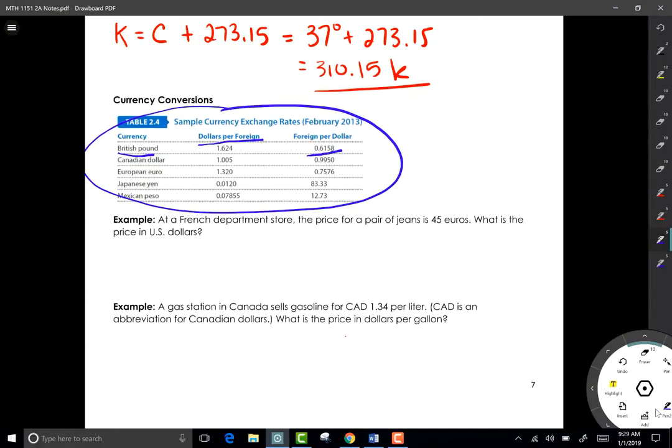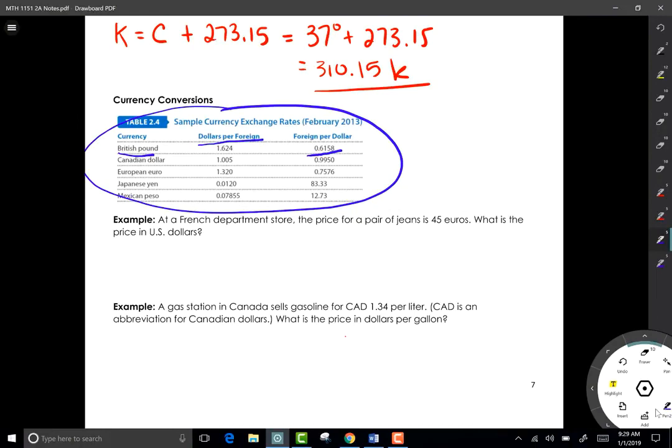So that means for every US dollar that I have, I have 0.6158 British pounds. So they're giving it to us from two different perspectives. It doesn't matter which column we use as long as we label which one is dollars and which one is foreign money correctly.